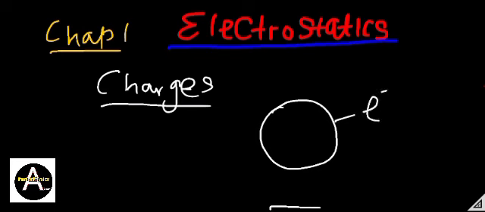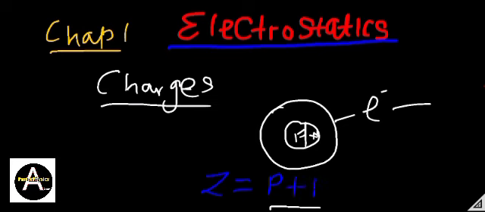The electron has negative charge, and here is the nucleus having both positive, that is proton, and neutron. Now we know that the mass of the electron is far, far lesser than the mass of the proton and neutron. So which means that the mass of the atom, denoted by Z, is equal to the number of protons plus what? The number of neutrons.